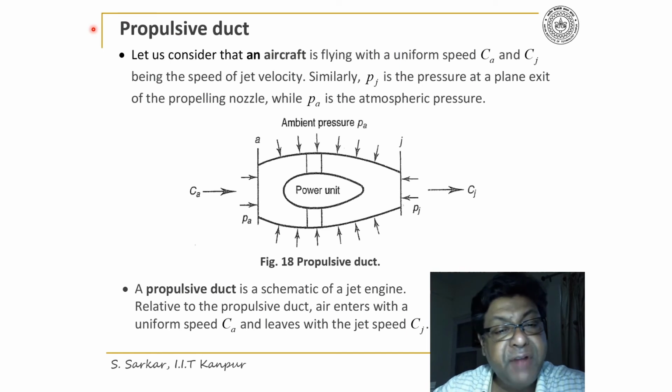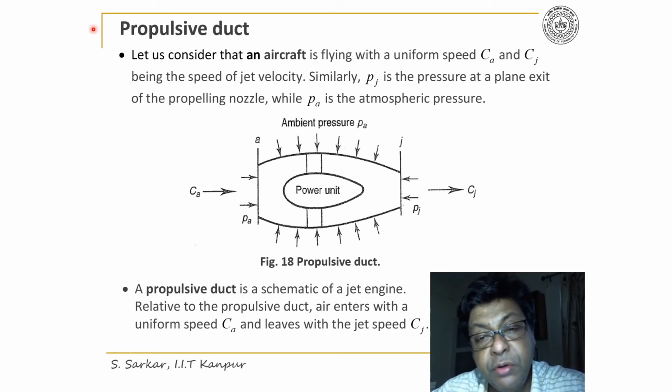I'll now discuss the propulsive duct. Let me consider first an aircraft flying with a uniform speed Ca, and Cj be the speed of the jet velocity. Similarly, Pj is the pressure at the exit plane of the propelling nozzle, while Pa is the atmospheric pressure.